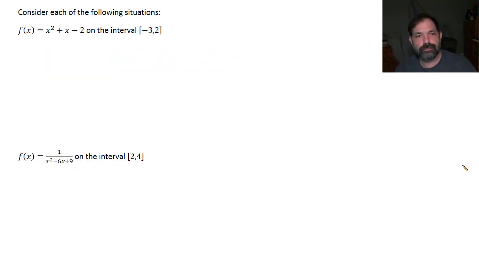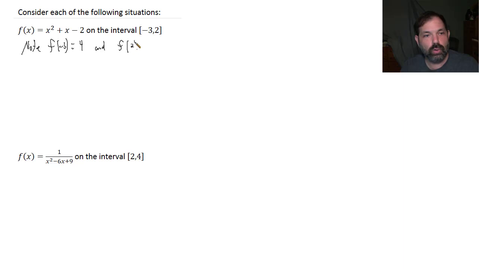Consider this situation. Here we have the function f(x) = x squared plus x minus 2 on the interval -3 to 2. Let's note that f of -3 is 9 plus -3, that's 6, minus 2, that's 4. And f of 2 is 2 squared, that's 4, plus 2 minus 2, so f of 2 is 4.